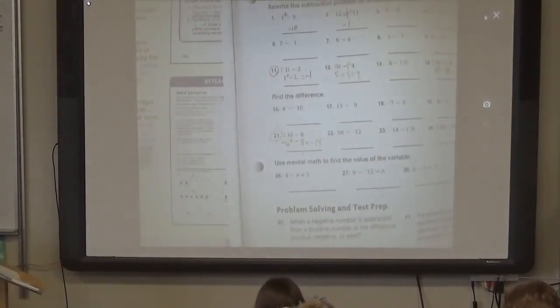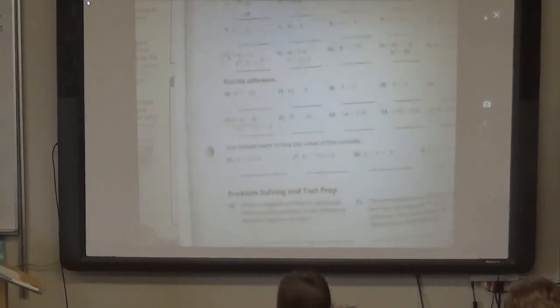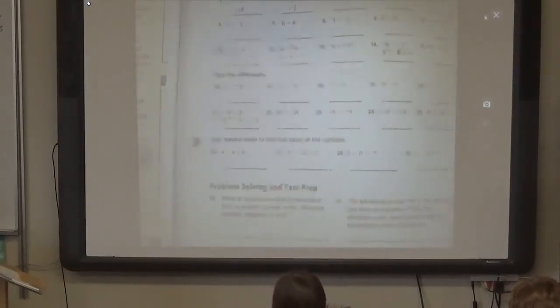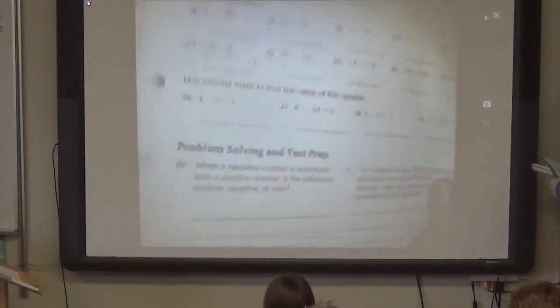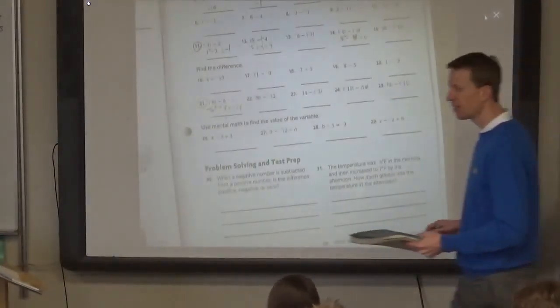Okay. Any questions? Daria? So if it's a negative number in the little lines, you put it as a positive, but if it's positive, you keep it the same. What do you mean in the little lines? The absolute value lines? Yes.